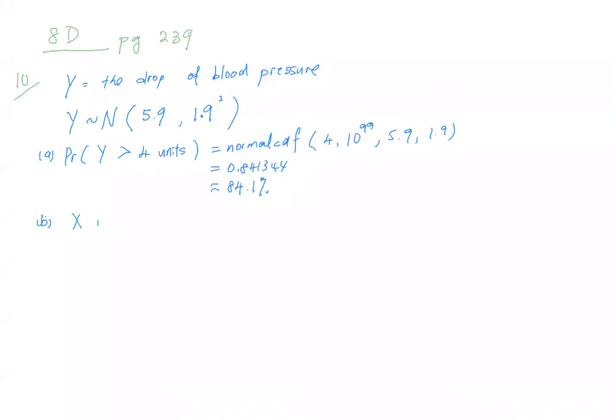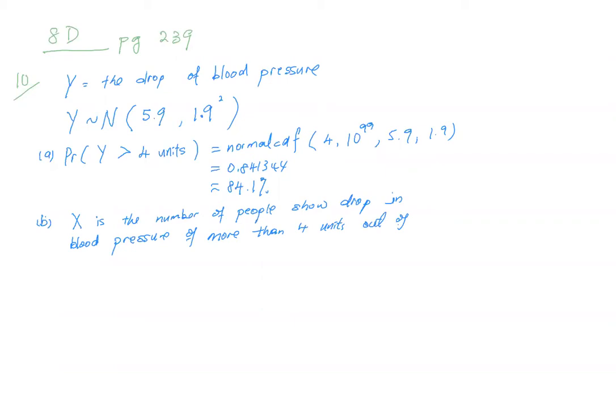X is the number of people showing a drop in blood pressure of more than 4 units out of 8 people.